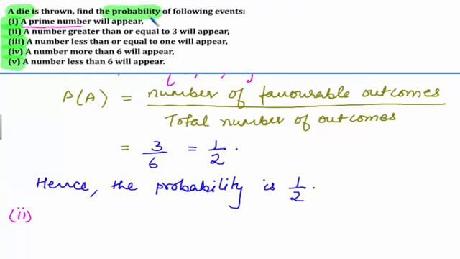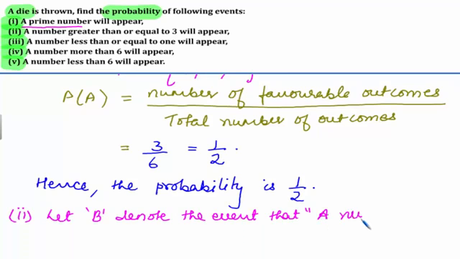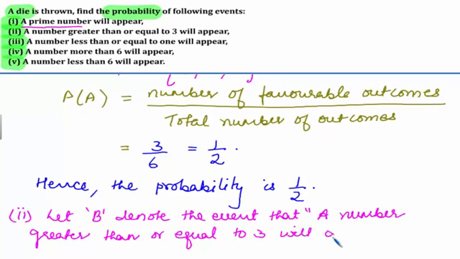In the second part, we have to find the probability that a number greater than or equal to 3 will appear. So let B denote the event that a number greater than or equal to 3 will appear.